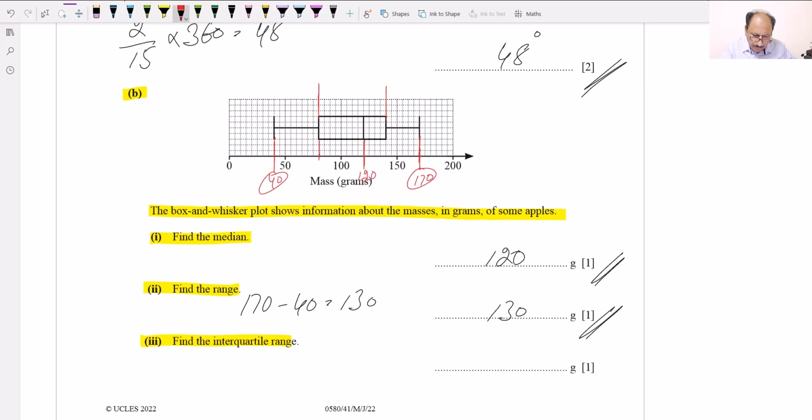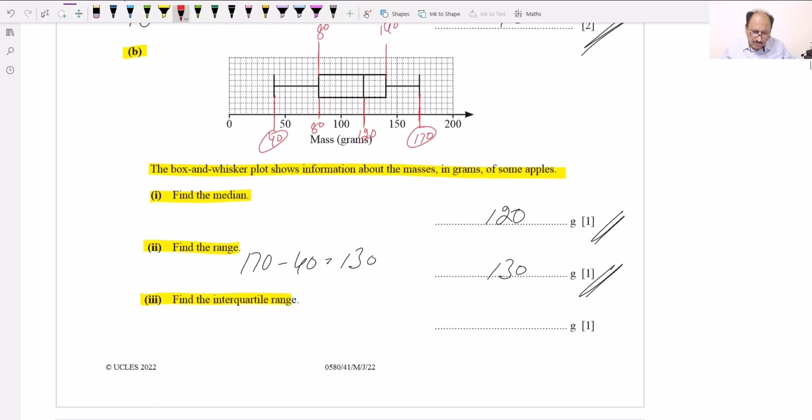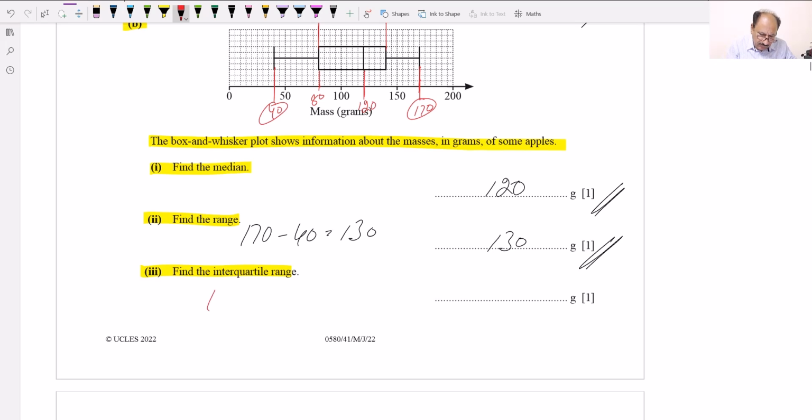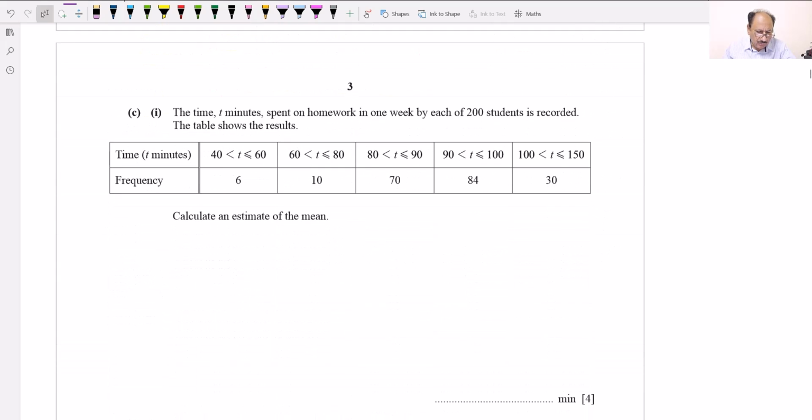This is 80 and this one will be 140. So 140 minus 80 will be equal to 60. So our answer will be 60 grams, and this is also for 1 mark. Hopefully you understood this.